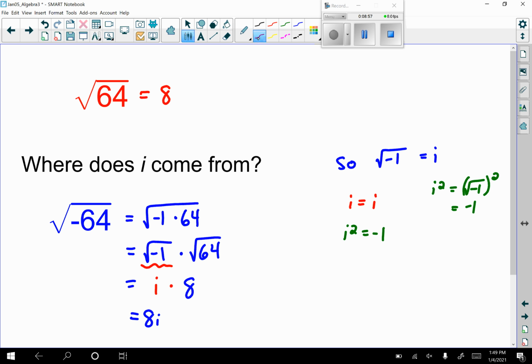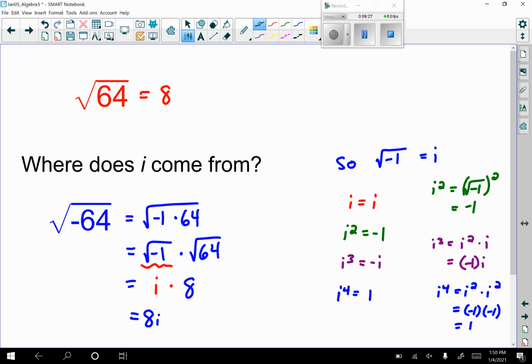What about i cubed? Well, we could say i cubed is just i squared times i. i squared is negative 1 times i, so that's just negative i. And then what's i to the 4th? Well, i to the 4th, we could write as i squared times i squared, which becomes negative 1 times negative 1, which is a positive 1.